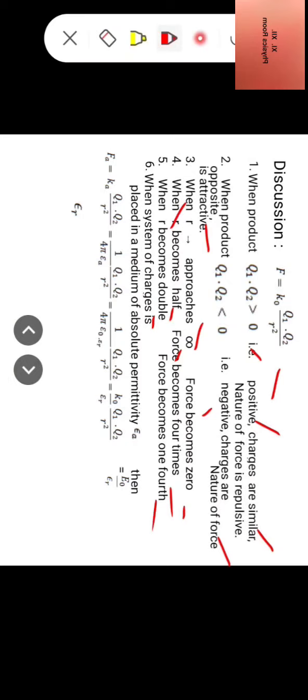Now sixth point, when a system of charges is placed in a medium of absolute permittivity epsilon A, we can express Fa equal to Ka Q1 Q2 by R square. We replace Ka by 1 by 4 pi epsilon A here, so we have Fa equal to 1 by 4 pi epsilon A Q1 Q2 by R square.